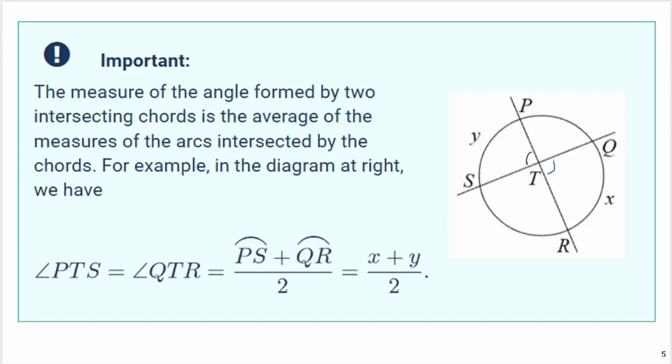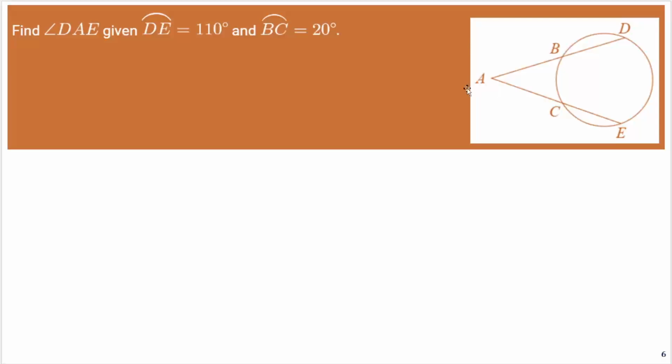Okay, then we have a look at the point of intersection inside the circle. Now let's have a look at when the point of the intersection of the two chords is outside the circle, what will happen. So here we are given a diagram. The measure of arc DE is 110 degrees and arc BC is 20 degrees.